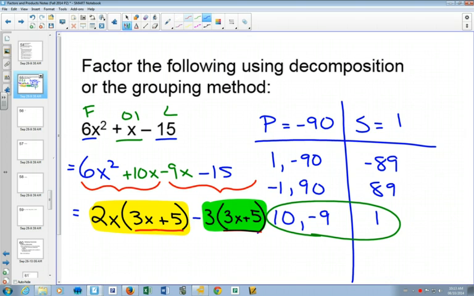So as far as factoring goes, I can take that out. 3x plus 5 can be taken out of the yellow. Put brackets here because that's how we factor. If I take the 3x plus 5 out of the yellow, what would be left? 2x. If I take the 3x plus 5 out of the green, what would be left? Negative 3.